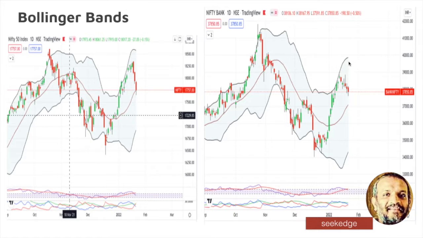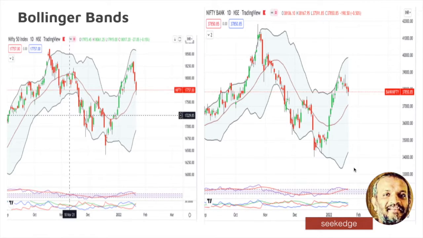But as you see, the distance between the upper and the lower bands is big, which means the volatility can be big. Such candles can be expected. Volatility will be huge, the falls will be big, and so would the up moves be, as long as the distance between the median and the standard deviation bands on both sides is wide.